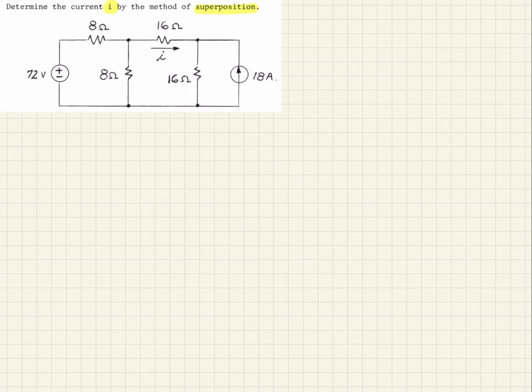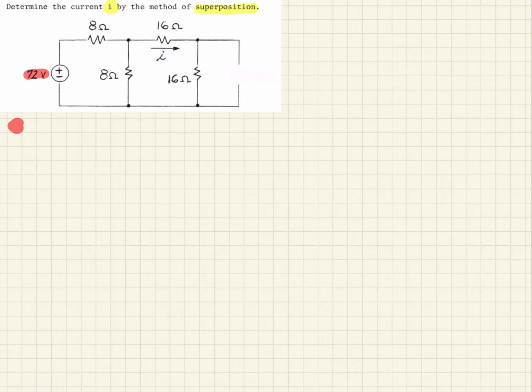So first we want to consider the 72 volt source, the contribution from that. So when we do, that means that the 18 amp source would then be open circuited. So that means we could just take it out of the circuit here and leave that open.